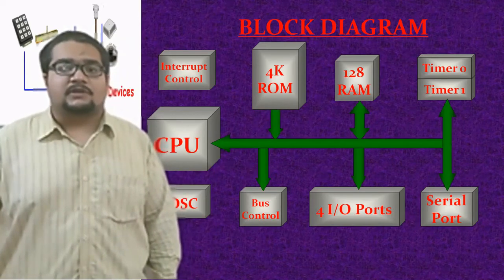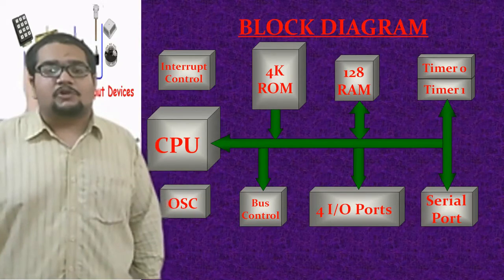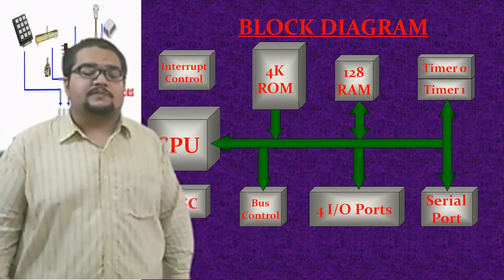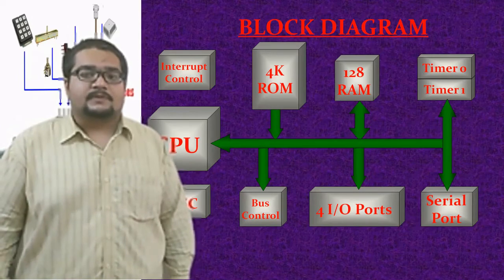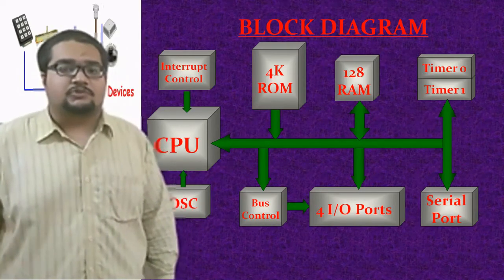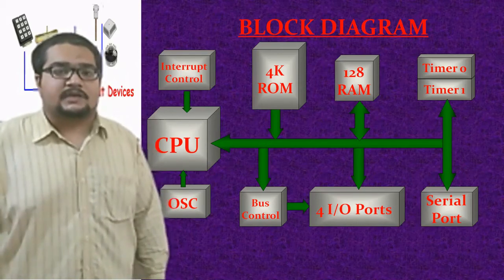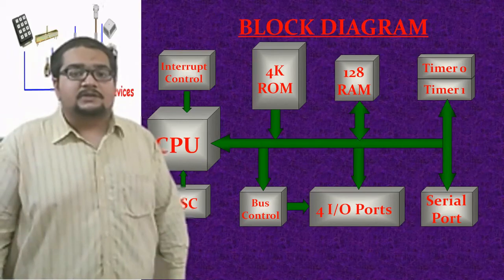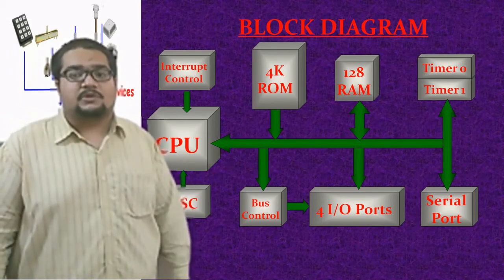This particular green line connecting all these modules is our system bus, which connects the processor with all the different modules available. All the connections are available with the CPU. The oscillator is connected, the interrupt controller block is connected, the ROM and RAM are connected, timers are connected, and bus controllers are there.